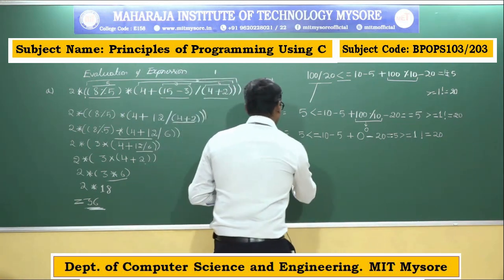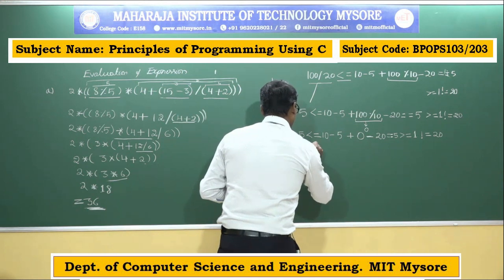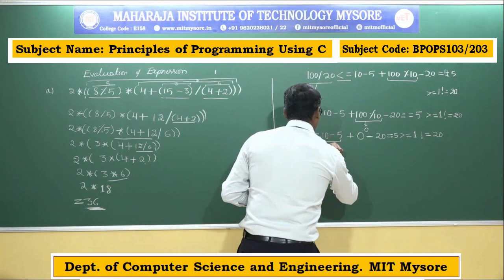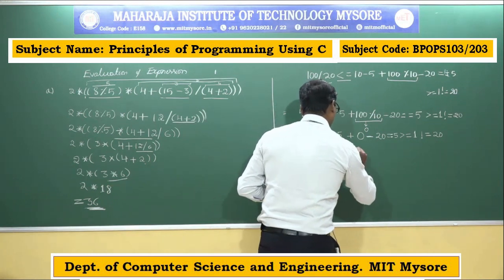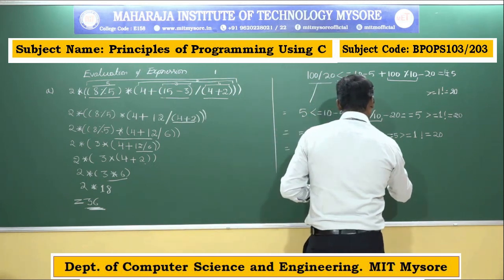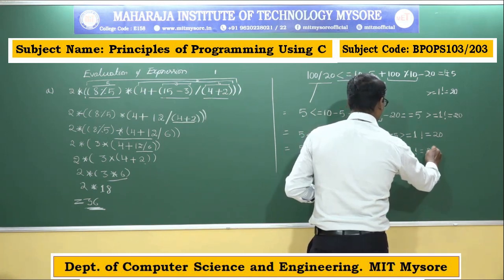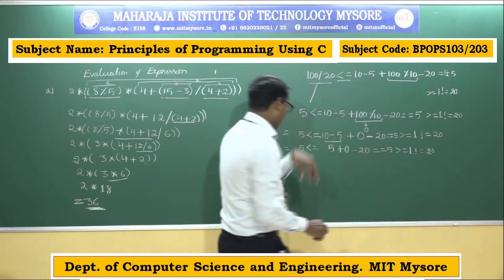So when you evaluate this expression left to right, it will be 5 <= 10 - 5. 10 minus 5 is 5, plus 0, minus 20, == 5 >= 1 != 20.